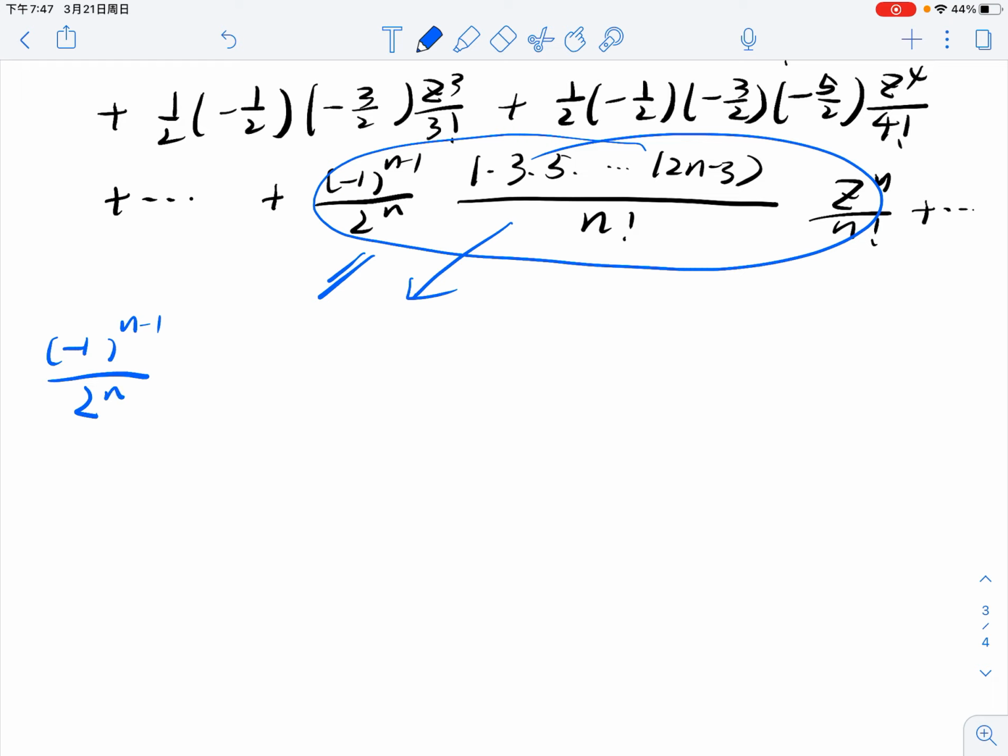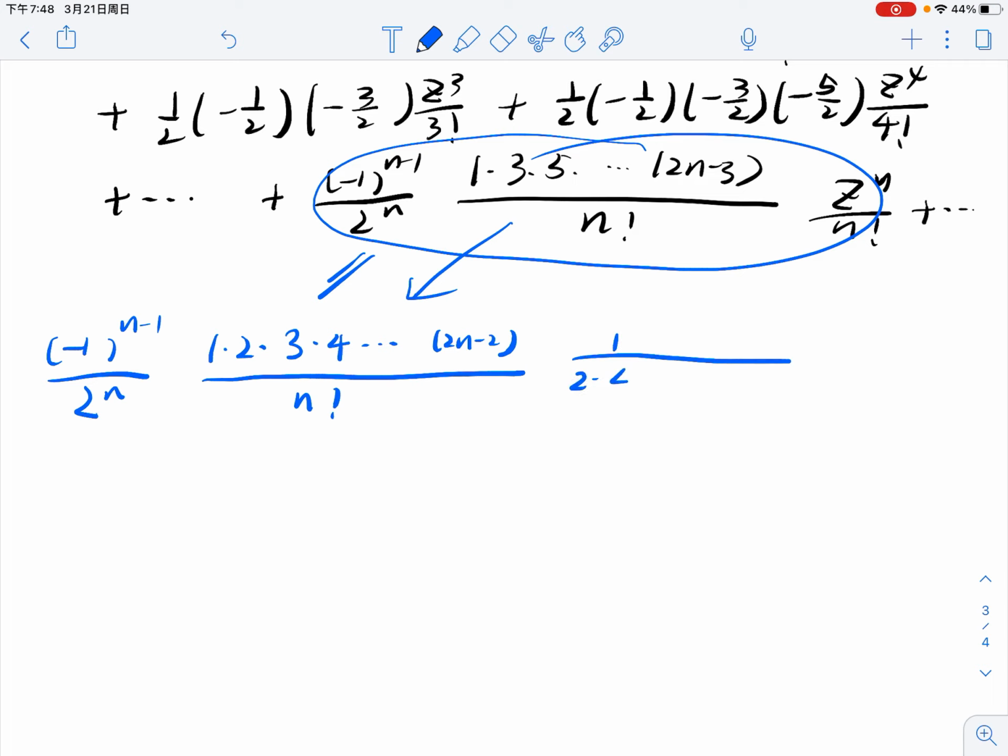Since we don't know how to do 1 times 3 times 5, but we do know how to do the multiplication 1, 2, 3, 4, all the way to 2n minus 2, then in the bottom you need to divide by the actual 2 times 4 times 6 all the way to 2n minus 2.